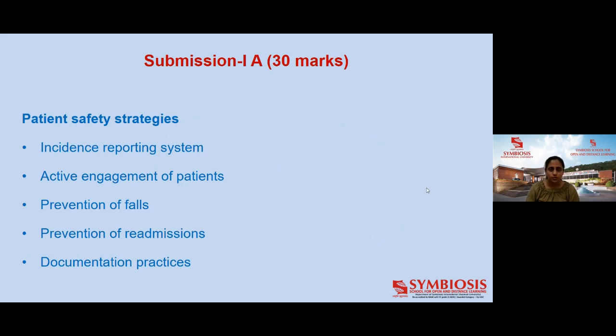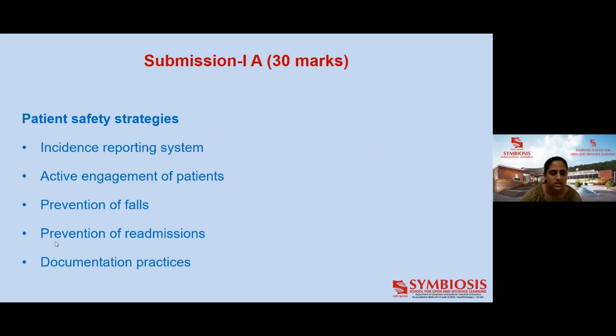Why was the patient admitted? The reason should be there. His or her previous history should be there. What is the diagnosis? What is the line of treatment given? All these things are there in the file so that if required in the future, it can help you in diagnosing any other disease occurring in the patient.